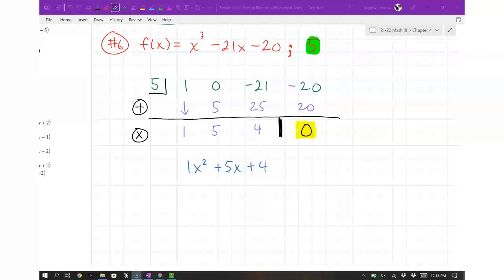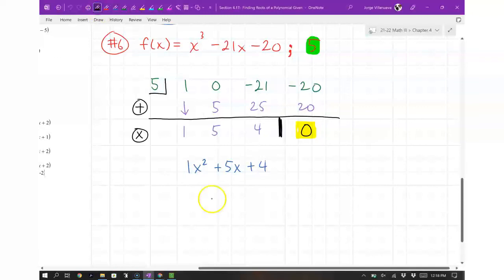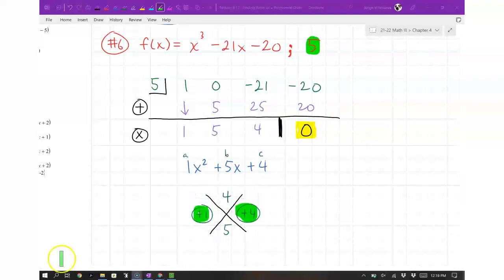All right. So next step from you guys, I'm going to give you another minute and a half or so. Do the X method. All right, so your X method should look like this. Okay, you're going to have a 4 on top because that's your A times C. You're going to put a positive 5 on the bottom because that's your B. And the two numbers that multiply to 4 and add up to 5 would be a positive 1 and a positive 4.